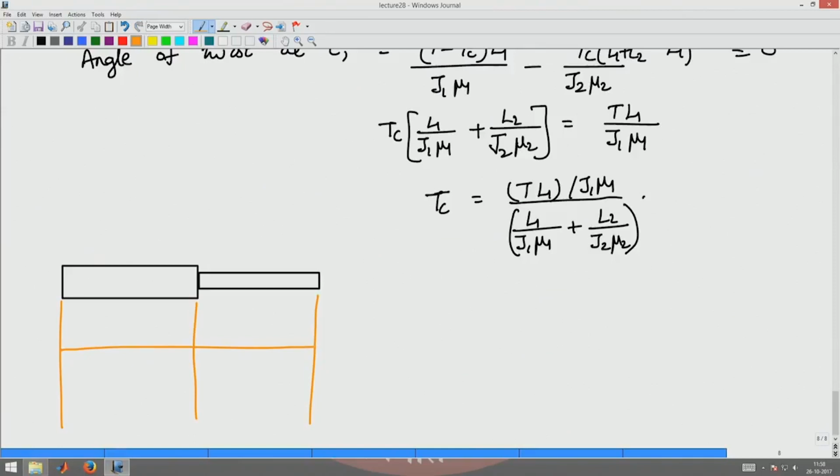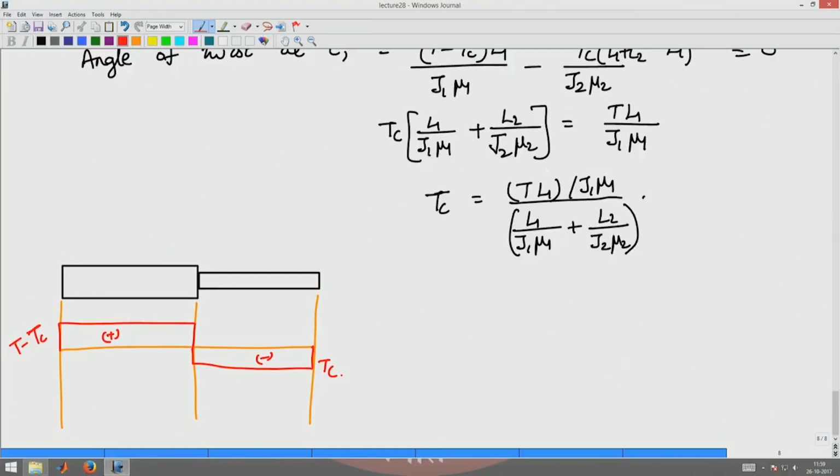In this member, there is a negative torsion Tc, and here there is T minus Tc. Okay. So basically this is the torsion diagram for this structure which is fixed at both the ends.